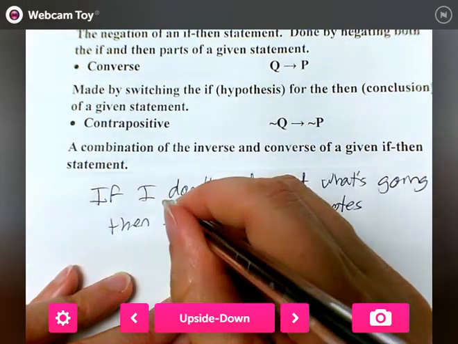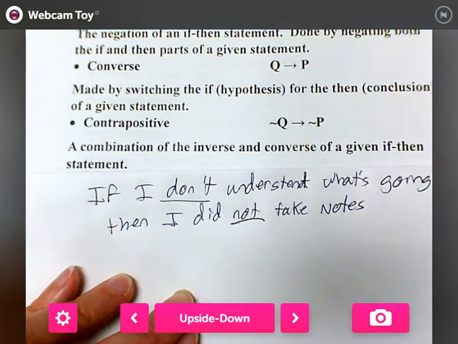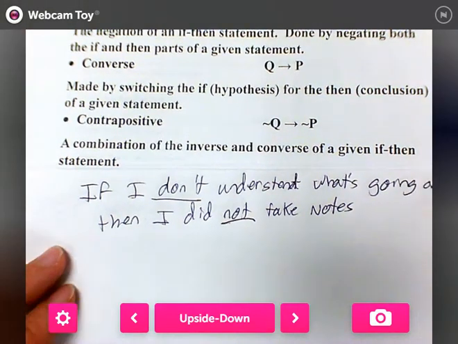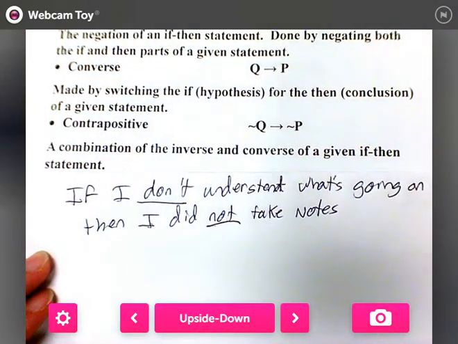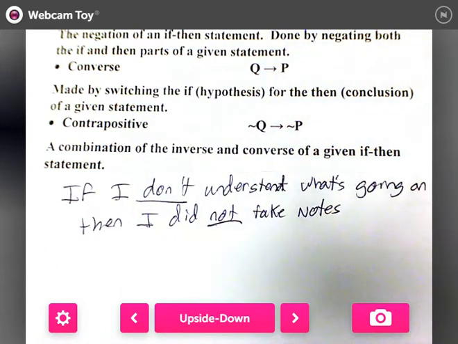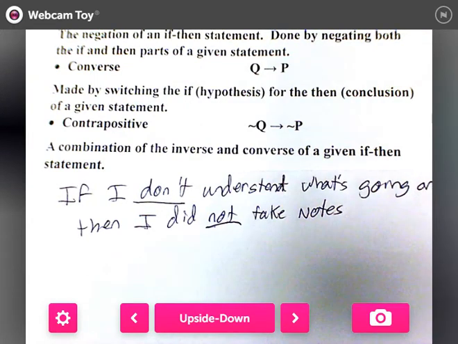See, you've got those knots in there, but you still flipped it. Contrapositive is both. A combination of inverse and converse of an if-then statement. Not Q, not P. Not conclusion, not hypothesis. If I don't understand what's going on, then I did not take notes.